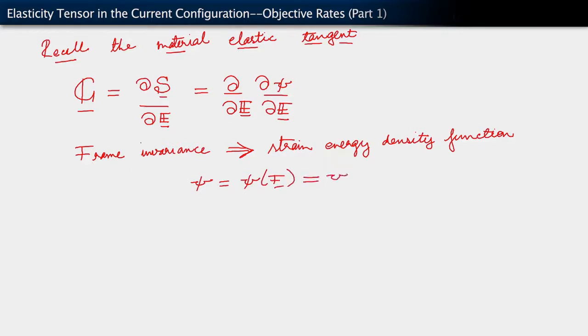We saw that frame invariance says that it can depend upon F, that's all very well, but it can depend upon F only through the stretch tensor, the right stretch tensor. And once we have that dependence, we see that immediately it gives rise to other functional forms which must exist. C here is the right Cauchy-Green tensor. And finally, if we have that, we observed that we could also write it as some other function of the Lagrange strain tensor. Okay, and that is what allows us to carry out that sort of derivative.